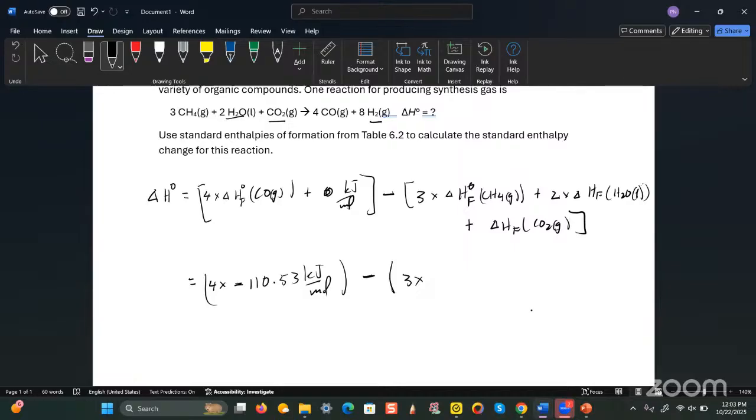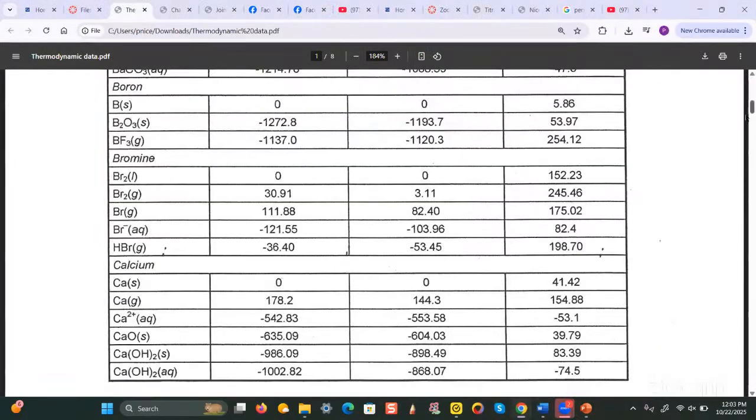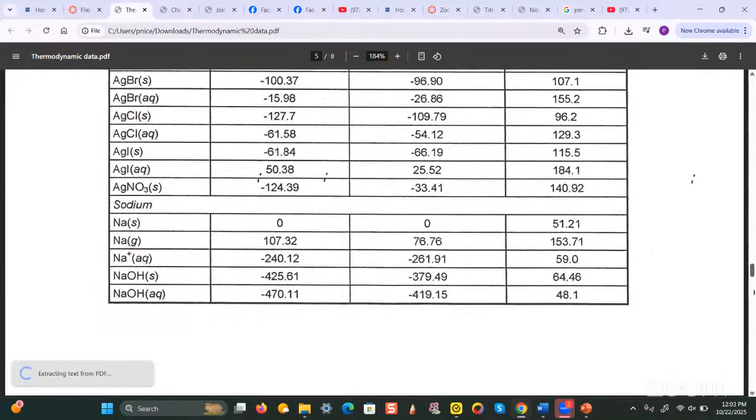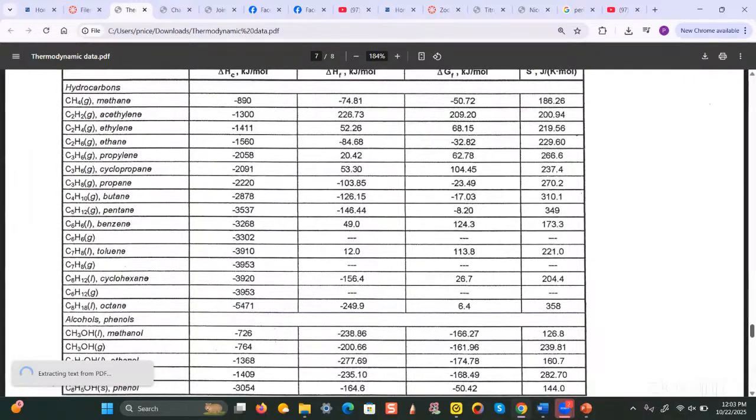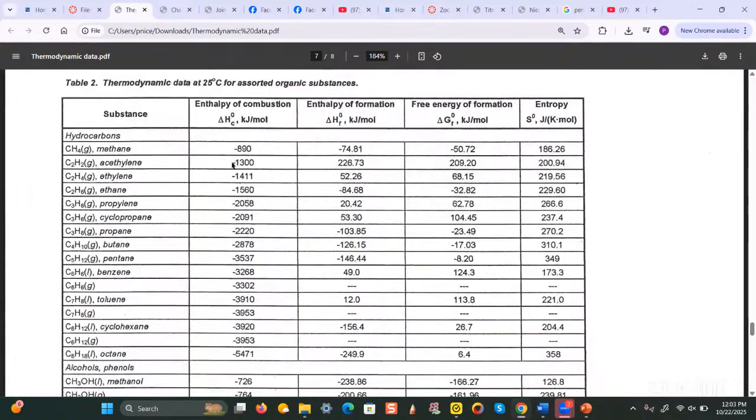Oh, I remember something. In that table, I think on the very last page, they have a separate table for organic compounds. So you may want to scroll all the way down to that last page and tell me what the enthalpy of formation is. In fact, hold on, let me see here. It's a negative 890. Okay, this is the last page here, and methane is this. Now, again, I have to clarify something.